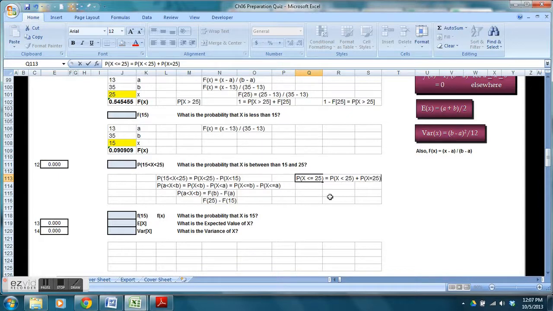We agree on that? YouTube video, so yes. And in a continuous distribution, like I talked about in class, the probability that x is going to be any one number, such as 25, is equal to 0.